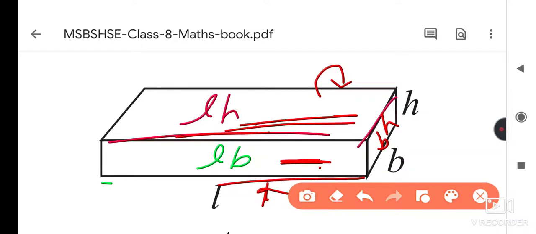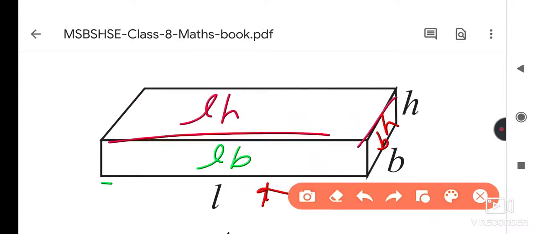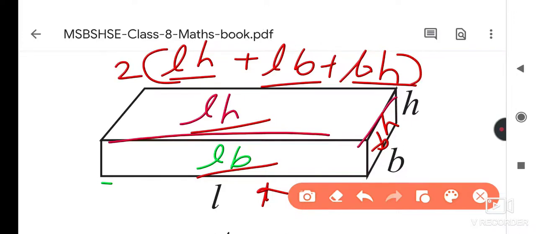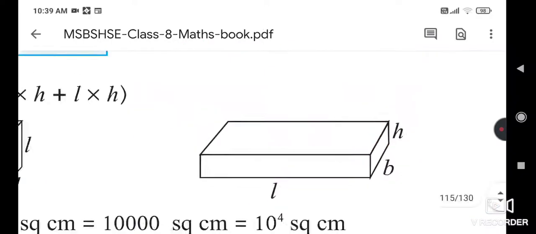And breadth into height is B into H. So the total surface area of a cuboid is L into H plus L into B plus B into H, and since two faces of each are there, we multiply by 2. That is the formula: 2 into (LB plus BH plus HL). So that is the recall.